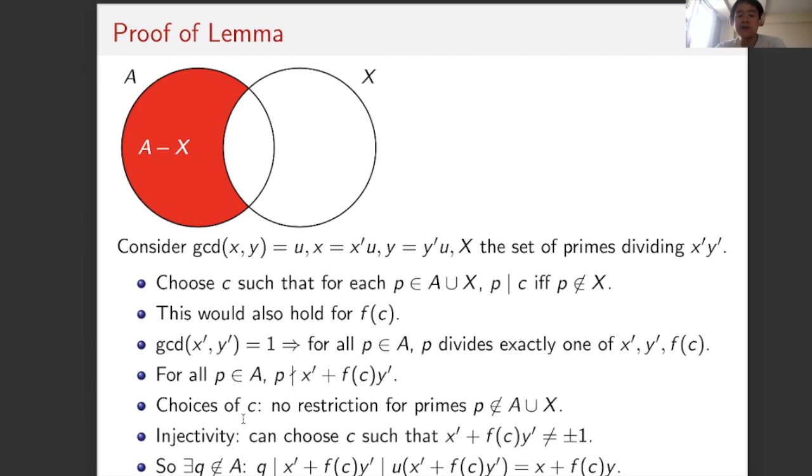And we already have the fact that f is injective, meaning that there are 3 different choices of C, for example, which will correspond to 3 different values of f(C). So one of them must be such that x prime plus f(C) times y prime is not plus or minus 1. And since this is not plus or minus 1 and cannot be divisible by any prime in A, it has to be divisible by some prime, so this prime must come from outside of A. So if this prime is q, then q divides x prime plus f(C) times y prime.